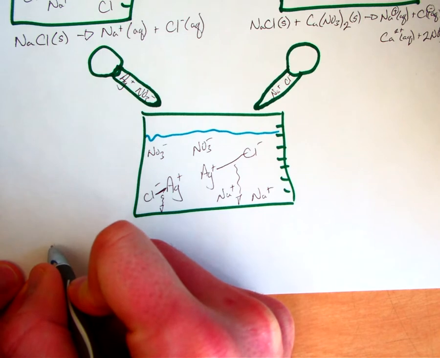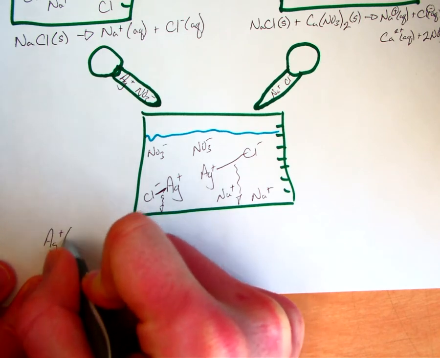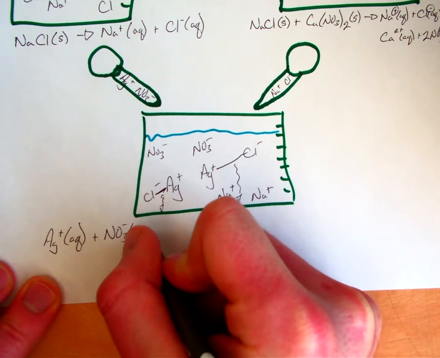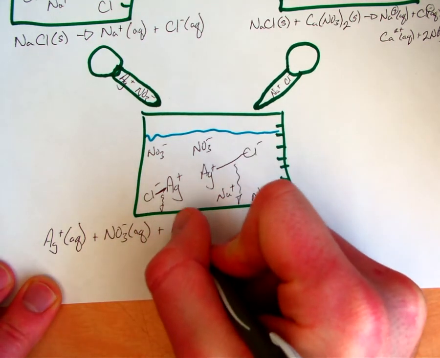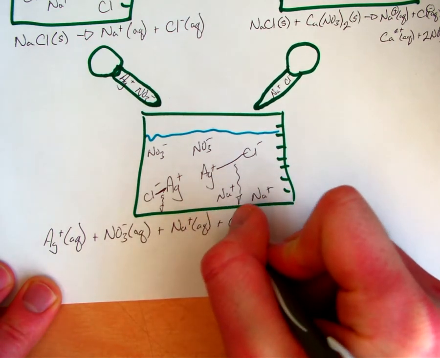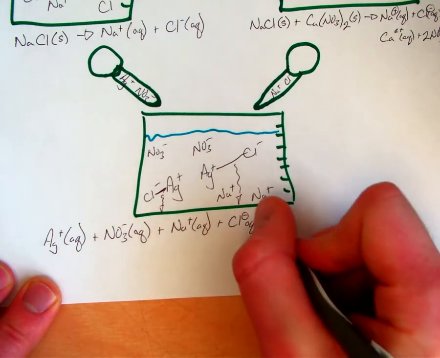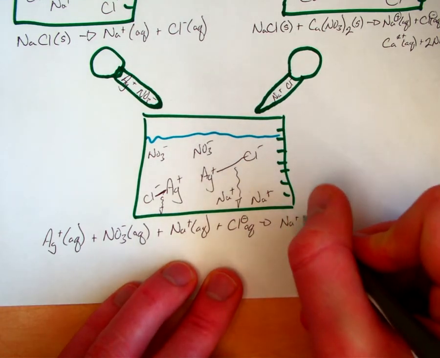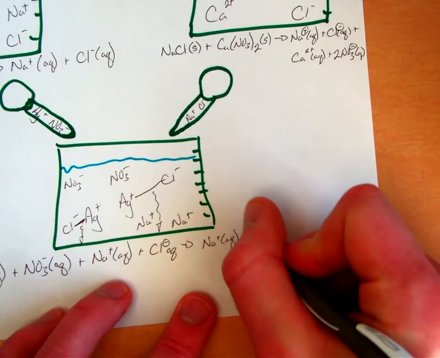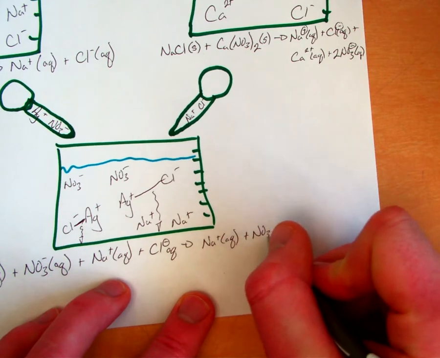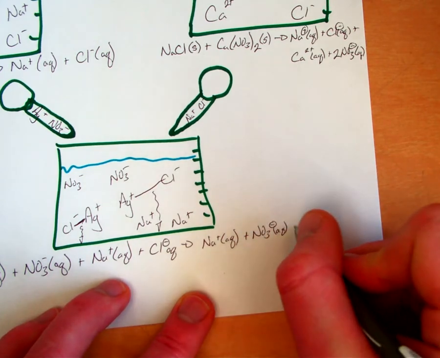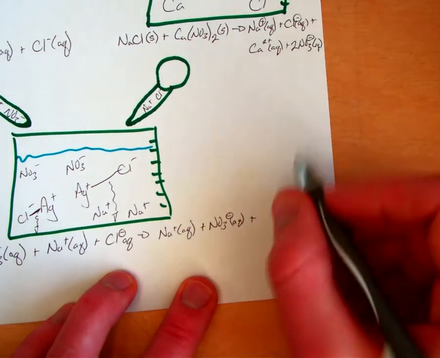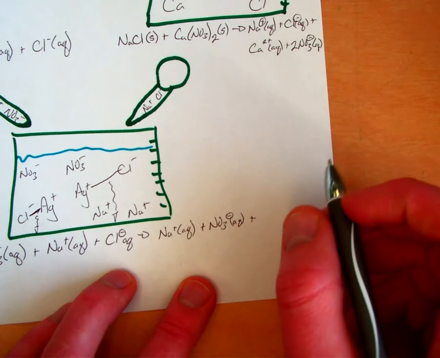Instead, the silver and the chlorine will remain together. So, as we start, we have Ag plus, and that's aqueous, plus NO3 minus, also aqueous, and we're going to add that to sodium, aqueous, plus chlorine, and that's going to produce Na plus, that's still aqueous because it's still mixed in the solution, plus nitrate, which is also still aqueous, plus our last thing, which is our insoluble solid or our precipitate, can be represented two separate ways.